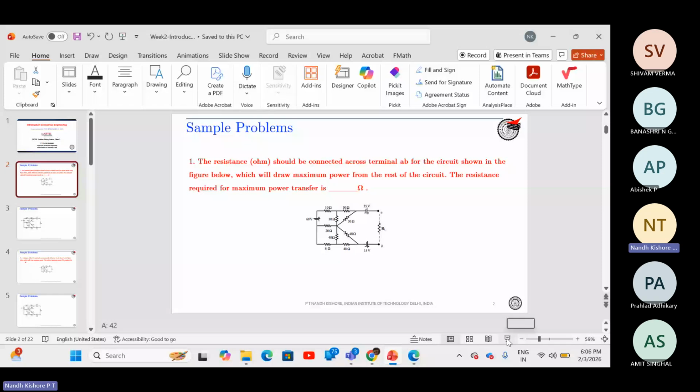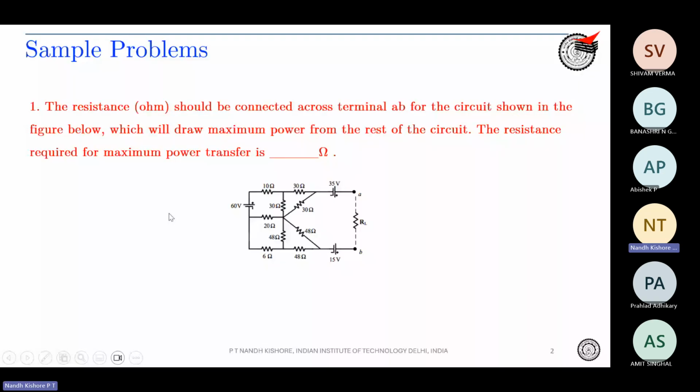The resistance should be connected across terminal AB for the circuit shown in the figure below, which will draw maximum power from the rest of the circuit. Of course, this is a problem based on the principle of maximum power transfer. The resistance is to be found out. So obviously, the answer will be the Thevenin resistance that you need to determine.